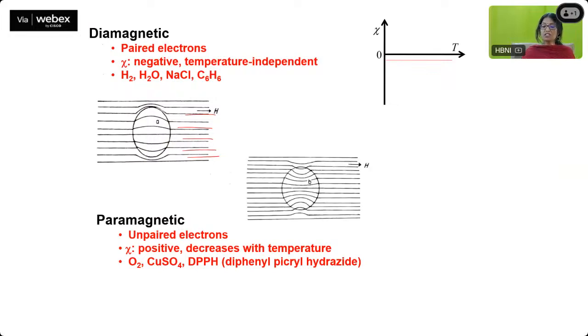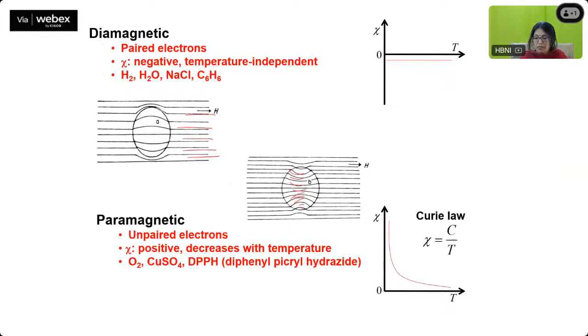So you see, if you put this material in the magnetic field, you find that the magnetic lines of force are getting closer. So it is attracting the magnetic lines of force through itself. So that is why this is known as a paramagnetic material. And this is how this chi value changes with temperature. You see that as you increase the temperature, it kind of exponentially goes down. Okay, so this is the Curie law where chi is equal to C by T.